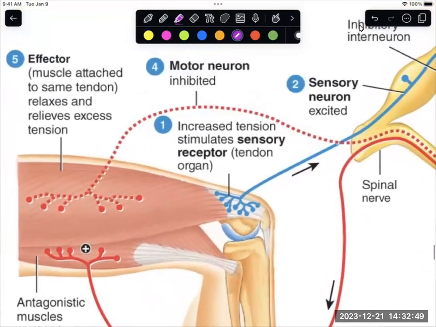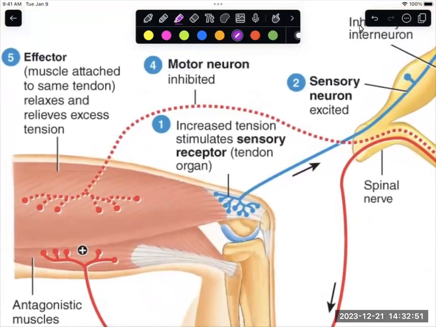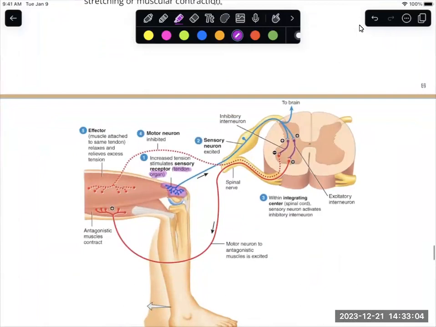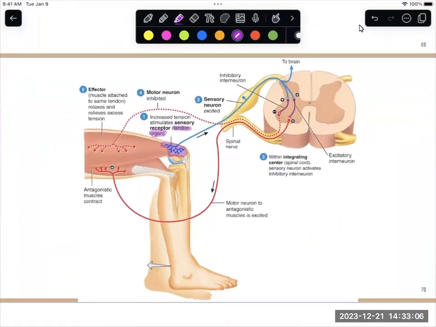These tendon organs here in this tendon, they are also monitoring the tension or the pull on that tendon. It looks like they did a hamstring reflex this time. So in a hamstring reflex, yes, your foot is going to go backwards.